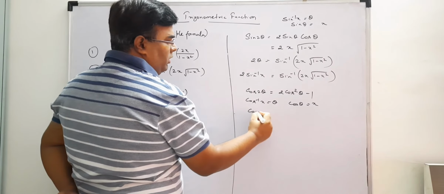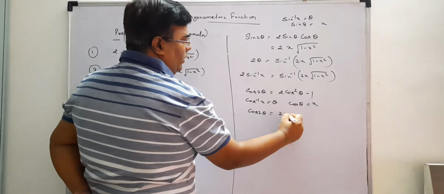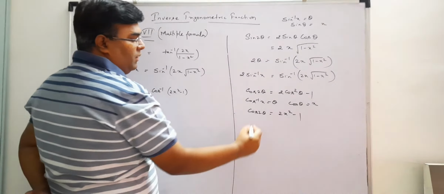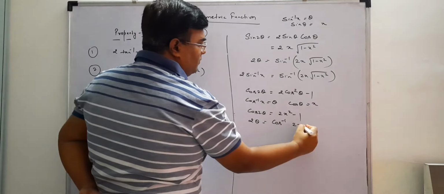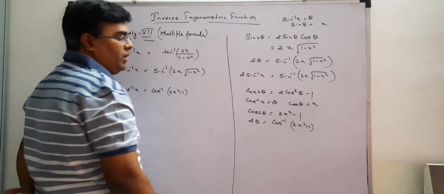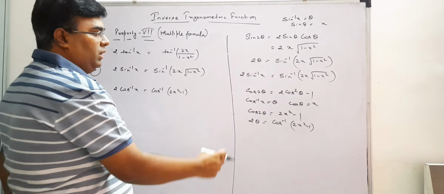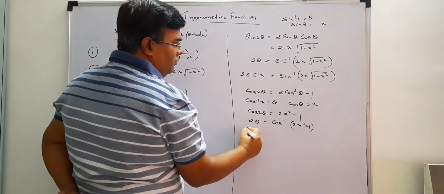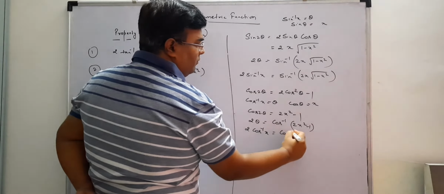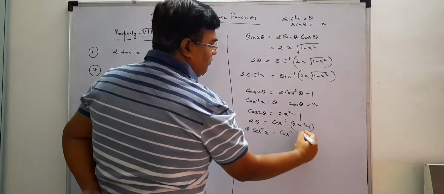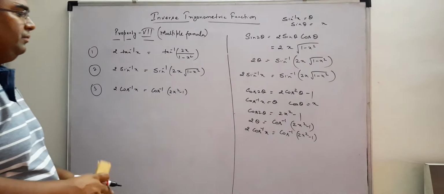So cos 2 theta will be 2x square minus 1. So 2 theta will be cos inverse of 2x square minus 1. What is 2 theta here? It will be 2 cos inverse x. Right?